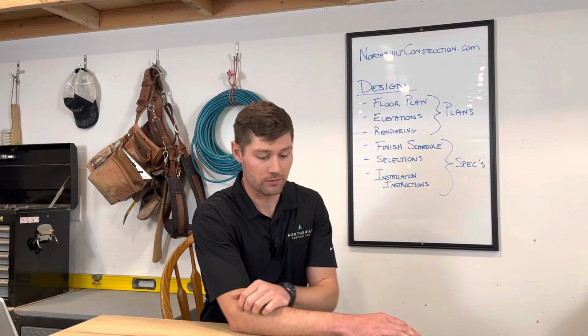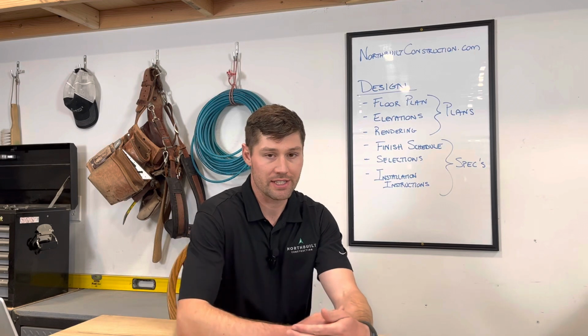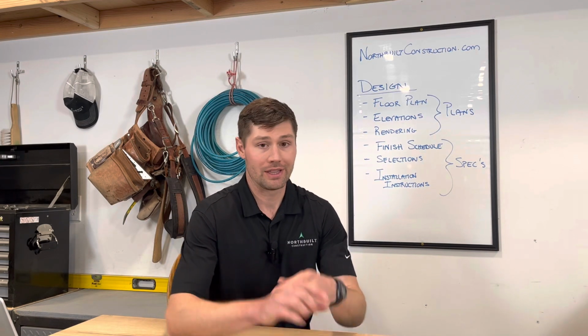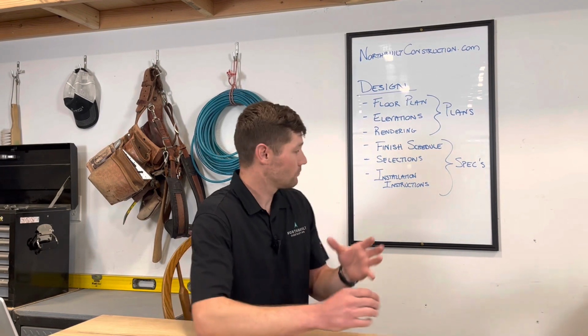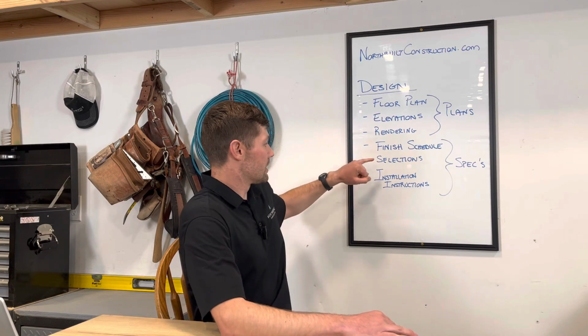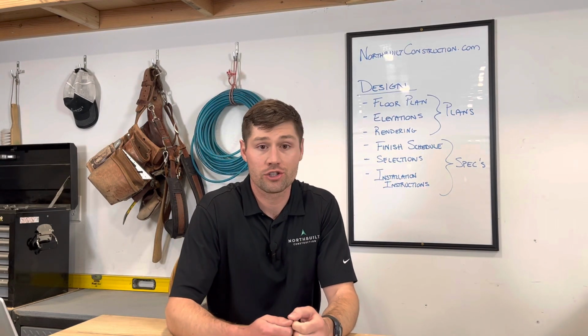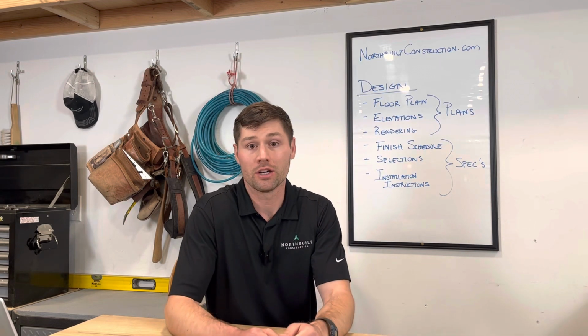Specifications, second part. This is more the nitty-gritty details. We have a spreadsheet, use Excel, a basic table spreadsheet, with line items of what is chosen. So selections include finishes, fixtures, your door pulls or drawer pulls, maybe your door handle on your walk-in door.